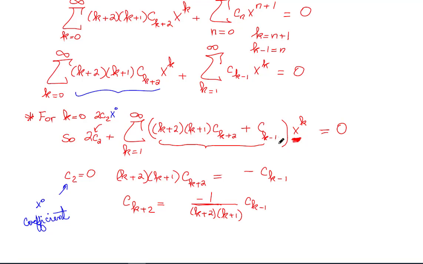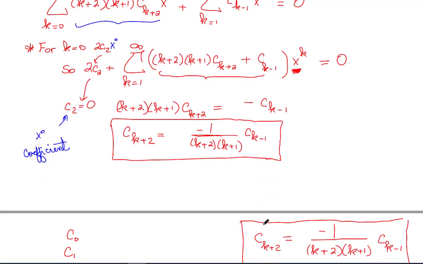So this is supposed to equal 0 again. So this is a term in front of the x to the 0 term, so that part is 0. This part is supposed to be 0, so again we get a relationship between c(k+1) and in this case c(k-1).